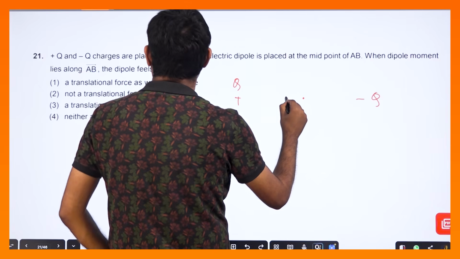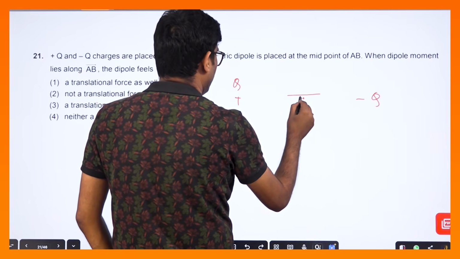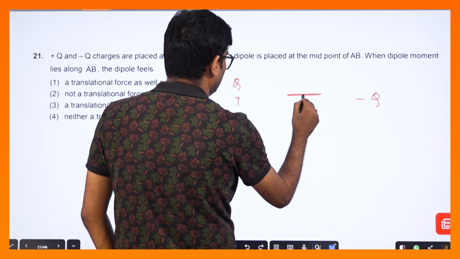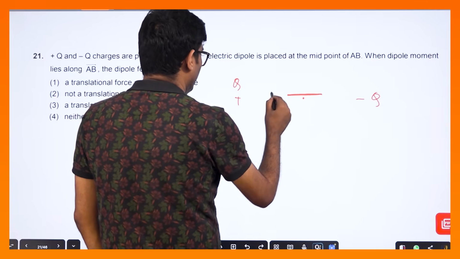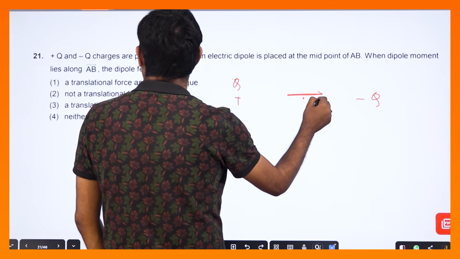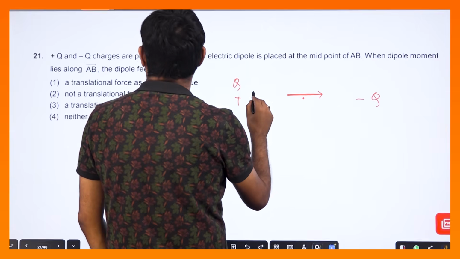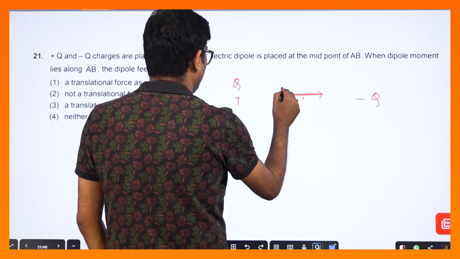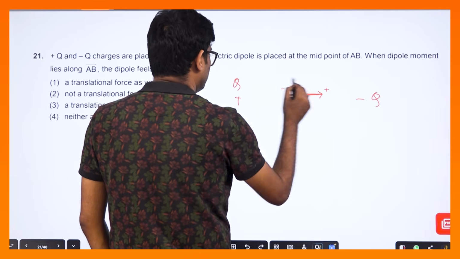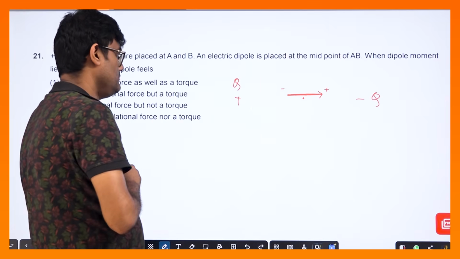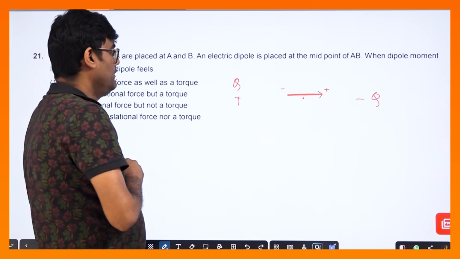If a dipole is placed here along AB, then I think the force is 0. There is a minus q charge placed here and a plus q charge placed here, right?